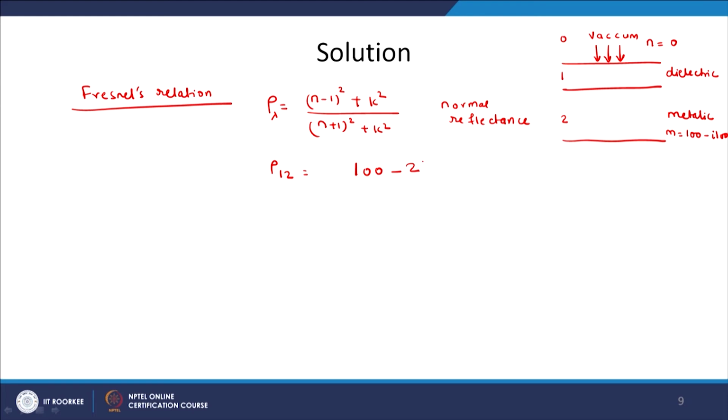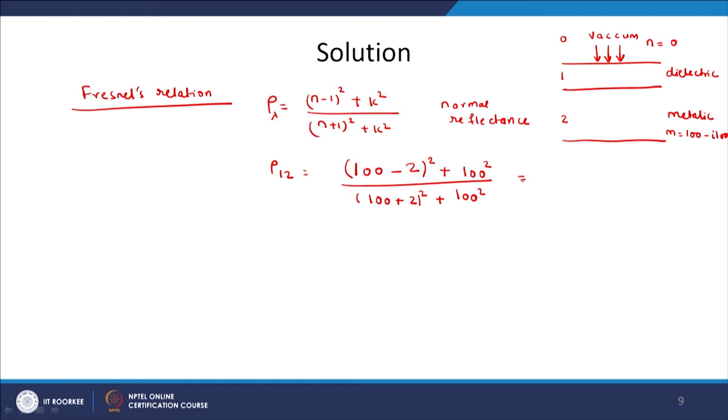So, it is (100 minus 2) squared plus 100 squared, divided by (100 plus 2) squared plus 100 squared.